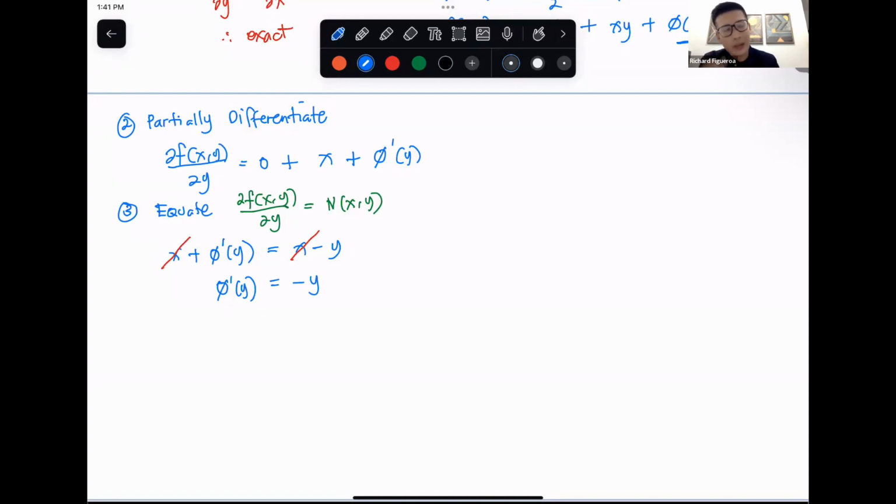Kasi pag n function ang pinili mo, instead na phi of y yan, magiging siyang phi of x. So kapag n ang pinili mo, nag-equate ka, dapat matitira puro x. Pero kung m function ka nag-start, dapat matitira puro y. So kapag hindi nagiging ganon, there's something wrong along the process. You have to go back. Okay?